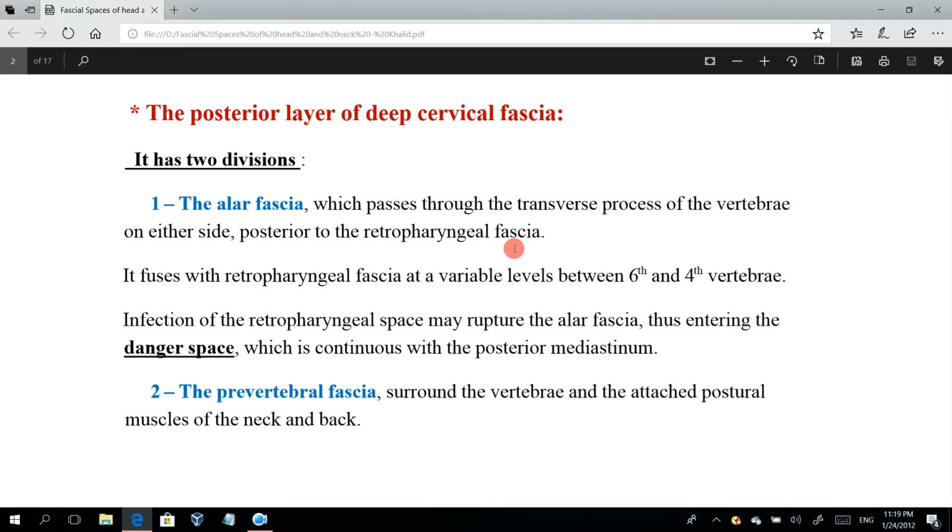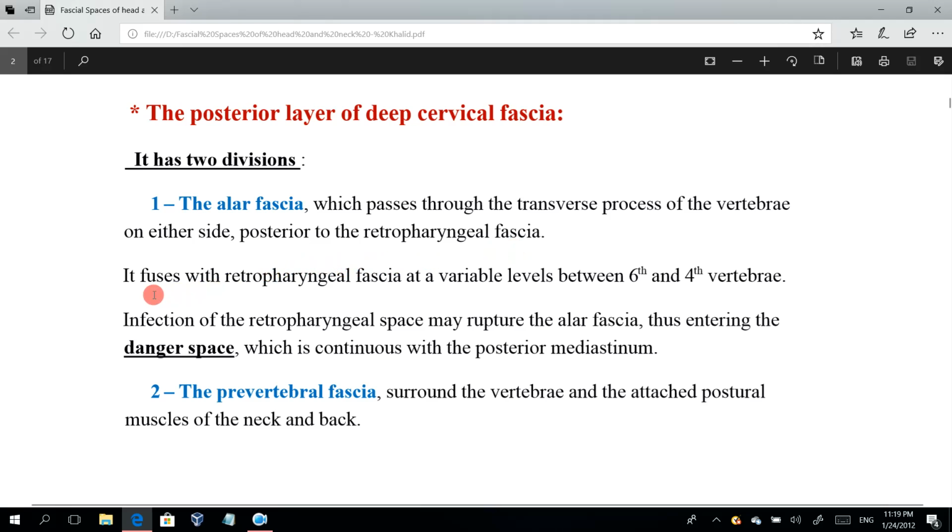Behind the pharynx and behind the esophagus, we have another fascia, the retropharyngeal fascia. Posterior to this fascia, which is behind the pharynx, is the alar fascia. I will show you in the next picture.